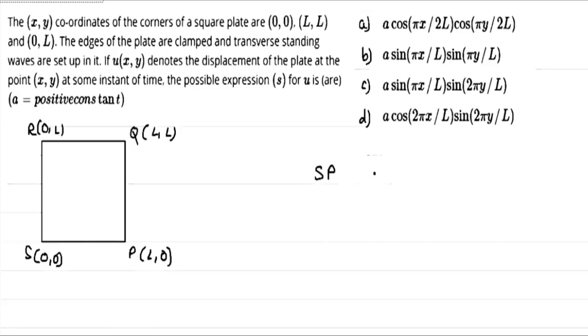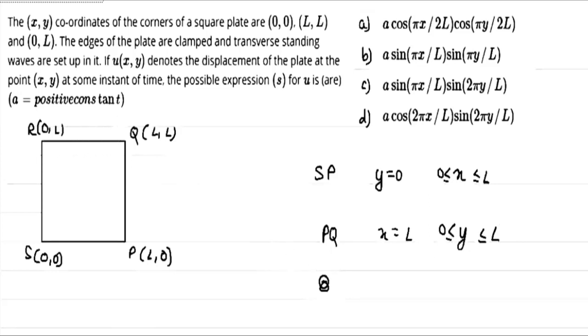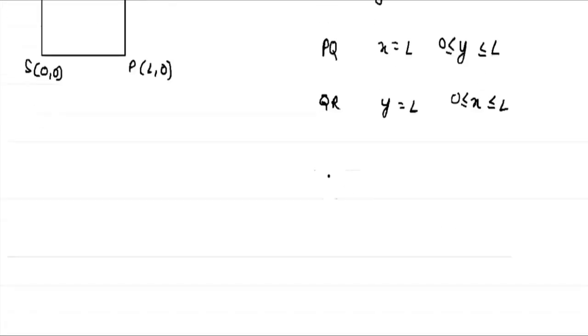For SP we can say that y would be equal to 0 and x would be varying from 0 to L. Then for PQ, x would be fixed at L and y would be varying from 0 to L. Similarly, for QR, y would be fixed at L and x would be varying from 0 to L. Similarly, for the last line, RS, x would be equal to 0 and y would be varying from 0 to L.